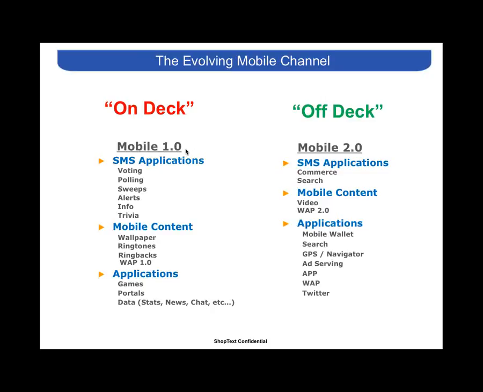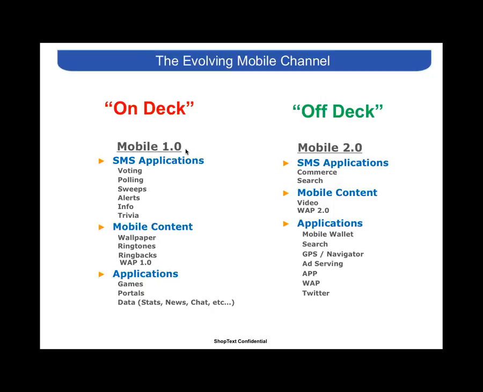As you move from the world of what was on deck, where the carriers were really looking at a walled garden kind of setup, now with Android and everything that's happening with the iPhone and accessing the web from the phone, now in the off-deck world, you're getting some really interesting applications for search via SMS, incredible mobile content capabilities, all the way through ad-serving functionality that in some cases is getting close to what you can do on the web.